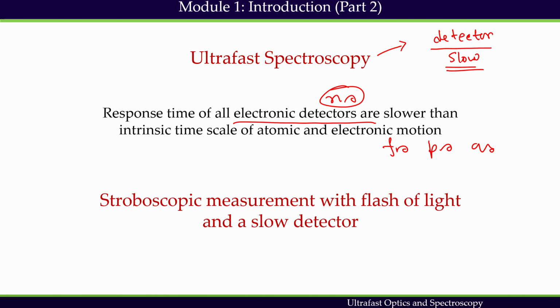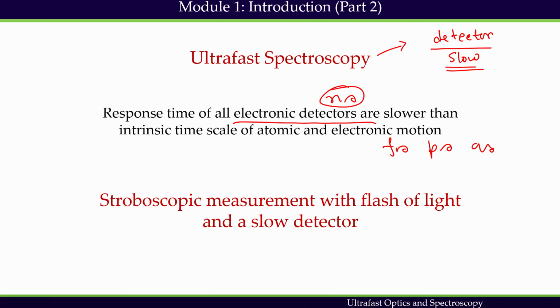If the available time sensitive detector is slow, we have to follow the approach of stroboscopic photography to capture a fast event. This means that we need to use a rapid flash of light. The duration of the flash of light must be shorter than the period of the event to be captured.